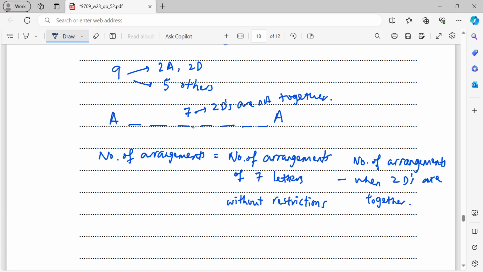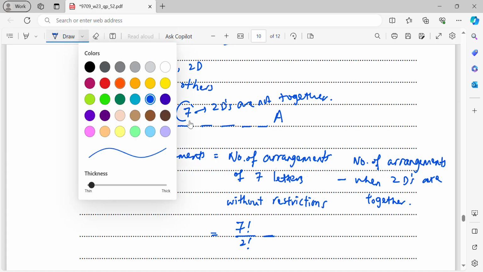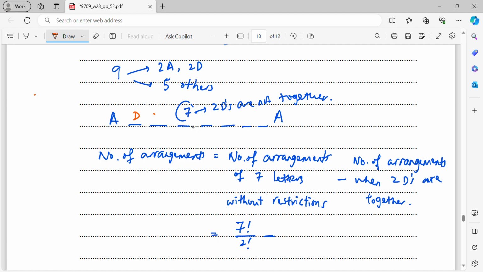For the first one, without restriction means we just arrange these 7, but out of 7 letters we have 2 repeating letters, which is D. Then minus when the 2 D's are together. When the 2 D's are together, let's say I group this as 1, then here you have 2, 3, 4, 5, 6.